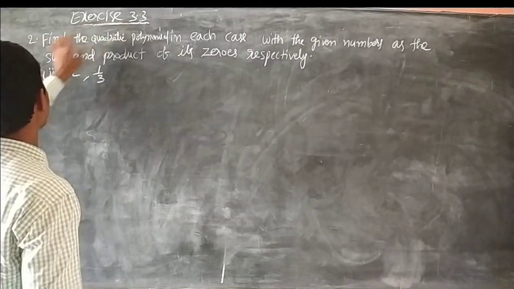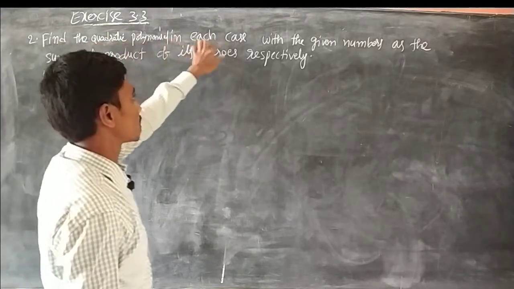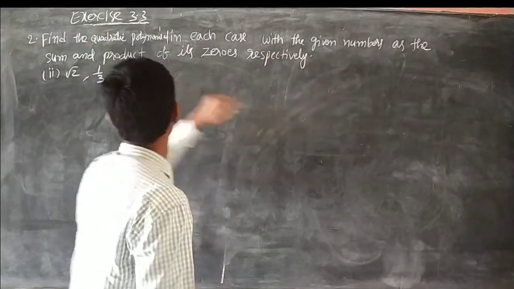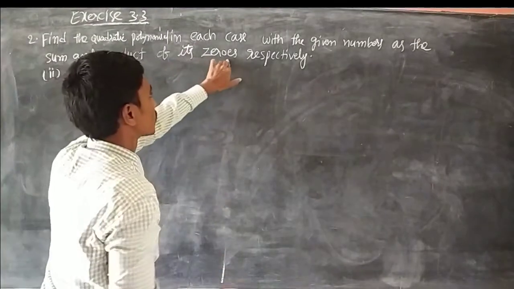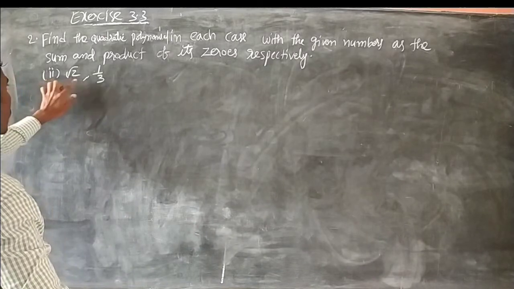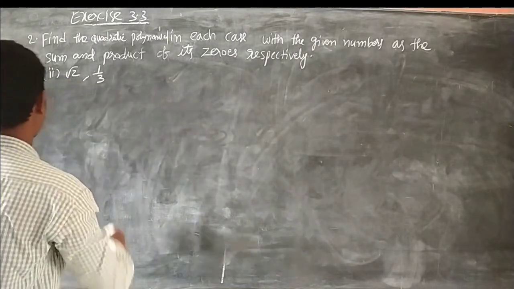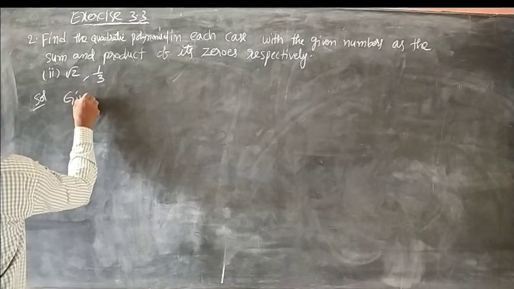In exercise 3.3, the second question is: find the quadratic polynomial in each case with the given numbers as the sum and product of its zeros respectively. So here the sum of the zeros and the product of the zeros are given. The solution for this is given.